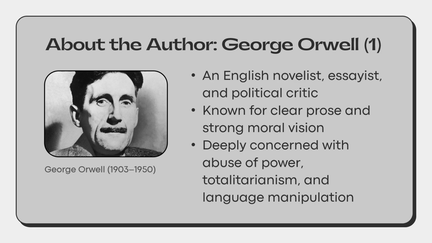George Orwell was an English writer, journalist, and political thinker known for his clear prose and strong opposition to authoritarianism. His writings reflect his belief that language and power are closely connected.